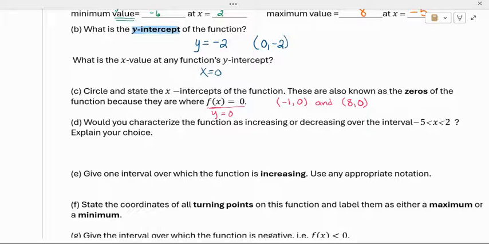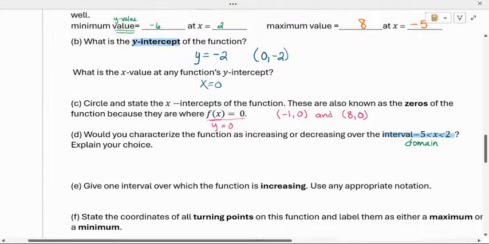So this is a question about a domain interval. It says, would you classify this function as increasing or decreasing over this interval of -5 is less than x is less than 2? So this is talking about looking at the domain values. So we have to go up to the x-axis, and we have to find -5 to +2.